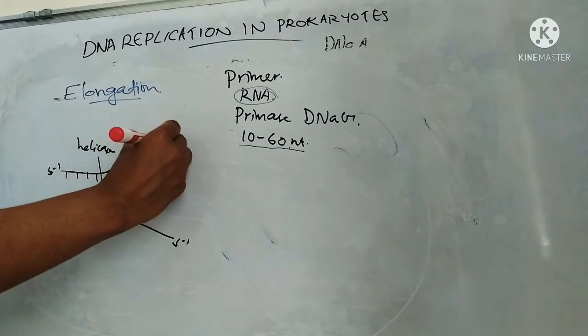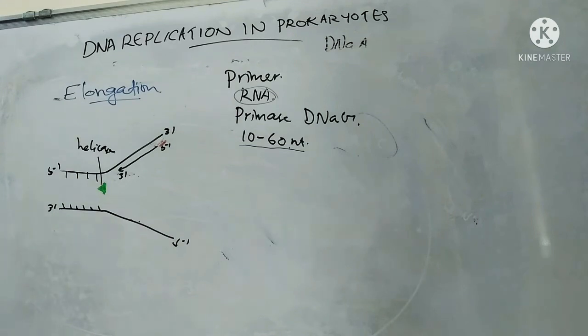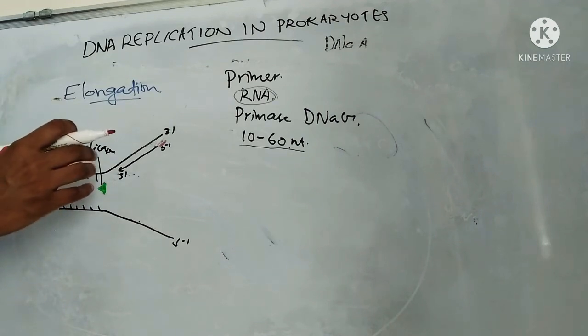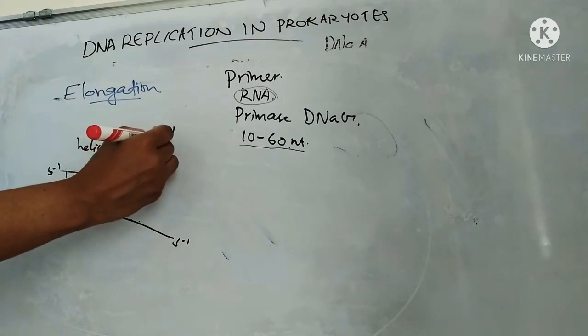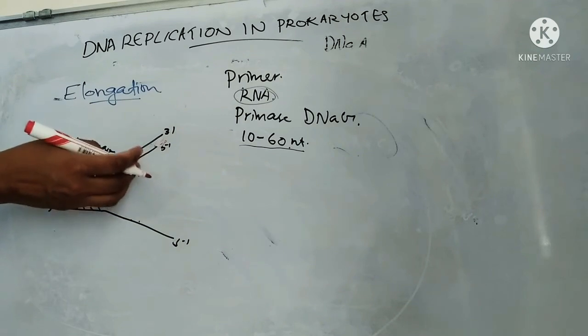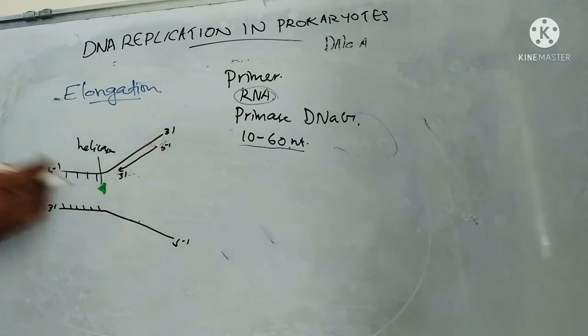Along with this primer, this DNA polymerase extends this primer. So, after the primer is added, this DNA polymerase can add nucleotides in 5 prime 3 prime direction. DNA polymerase can add only in 5 prime 3 prime direction.